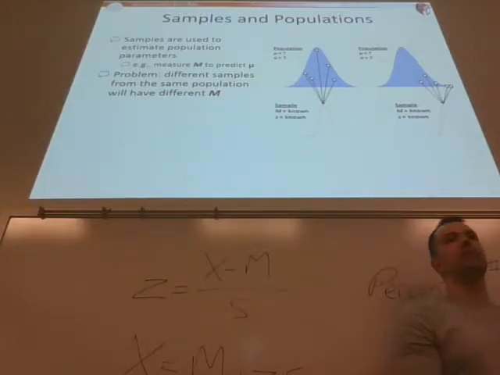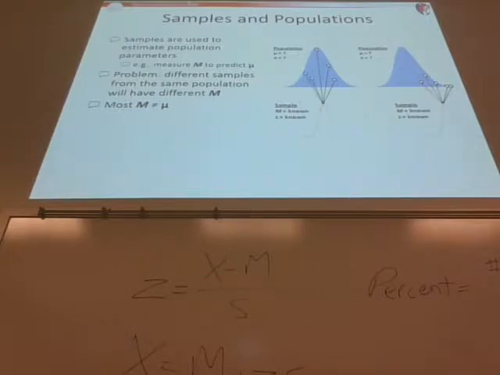But if you take a sample of 5 individuals, their average IQ might be 114. The next sample of 5 individuals might have an average IQ of 97. The next sample of 5 individuals might have an average IQ of 120. Every sample of 5 individuals is going to have a different average IQ. And most of those sample means are not going to equal the population mean. It's very rare that you will get it exactly equal to the population mean.